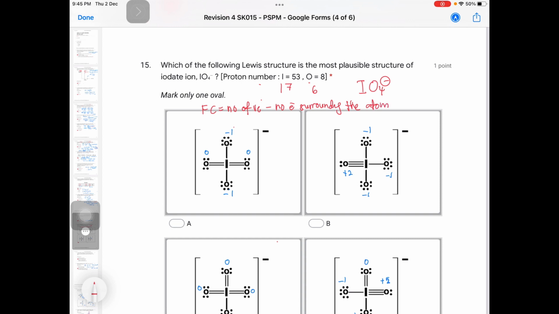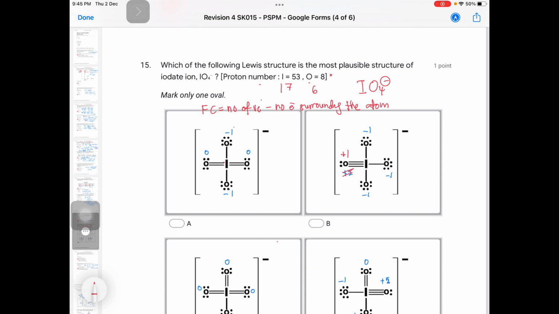Okay, so number of valence electron for oxygen is 6, so 6 minus 7, negative 1. So this one 0, negative 1, 0, so this one the formal charge is positive 2. Okay, this one 6 minus 5 is positive 1.